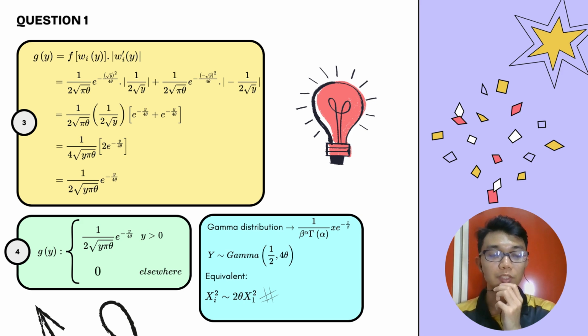This PDF can be recognized as a gamma distribution, Y follows gamma(1/2, 4 theta), which is equivalent to chi-squared, where X squared over 2 theta follows chi-squared 1.